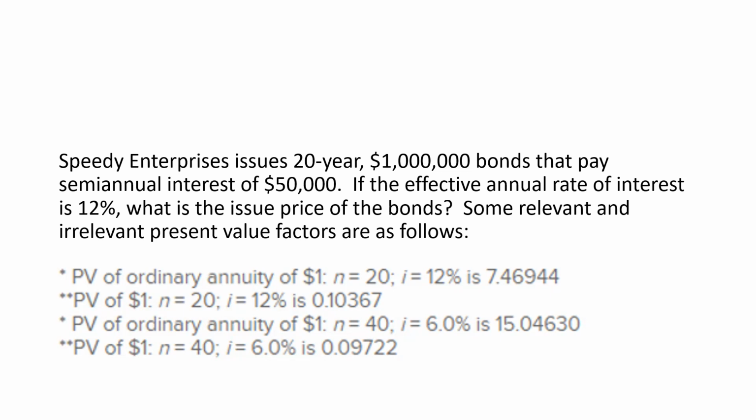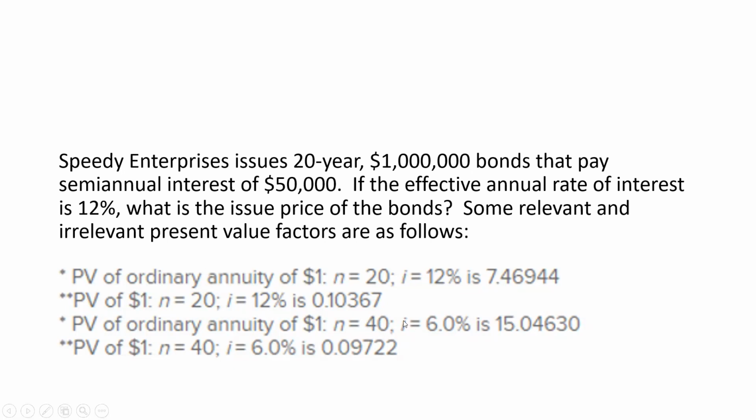We know that bonds are sold at premiums or at discounts. So we need to determine based on the 20 years, and it tells us that it is semi-annual interest. So it'll be 40 periods, 20 years times twice a year that they're making an interest payment will be 40 periods.